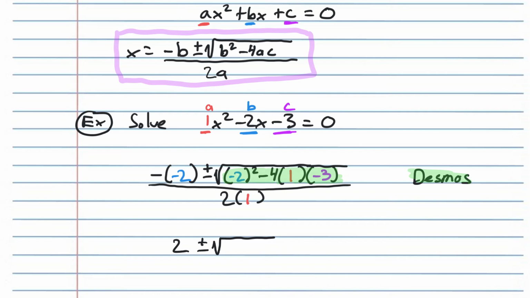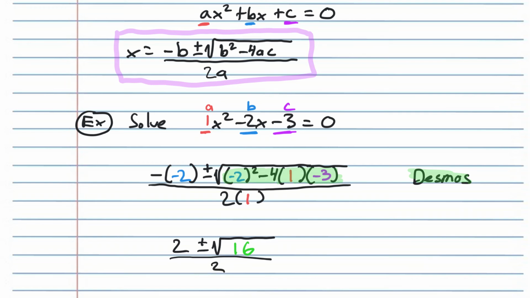Type everything underneath that square root into Desmos as it looks, with the parentheses and the power of 2, exactly the way it's written. If you do it correctly, the answer to that highlighted part is 16. And then the bottom part, 2 times 1 is 2.